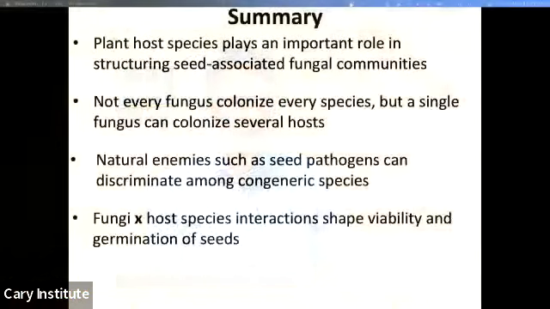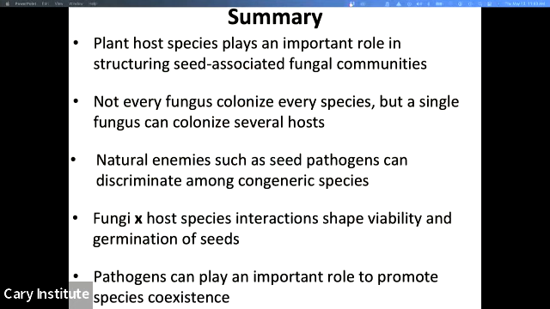That there is this very strong interaction between the plant species and the fungal species, and that those interactions can shape seed mortality and seed demography. And that pathogens and soil-borne pathogens can be really important at understanding this promotion of species coexistence in tropical forests rich in terms of species.